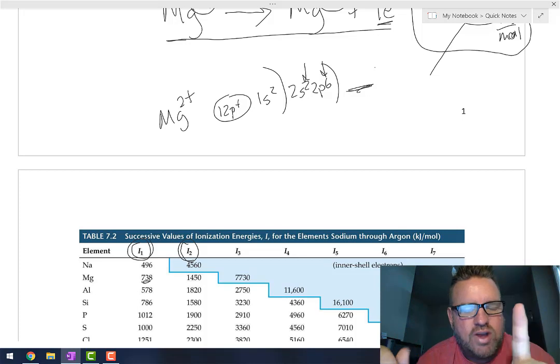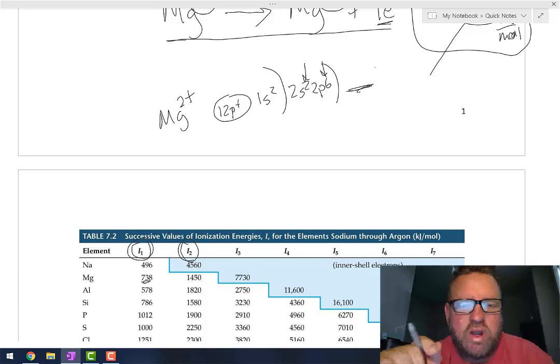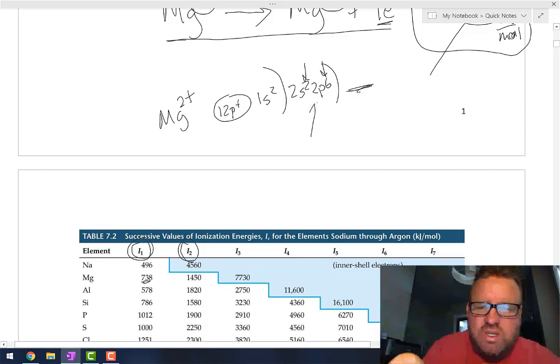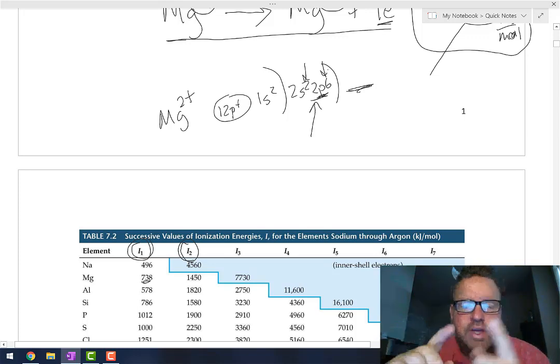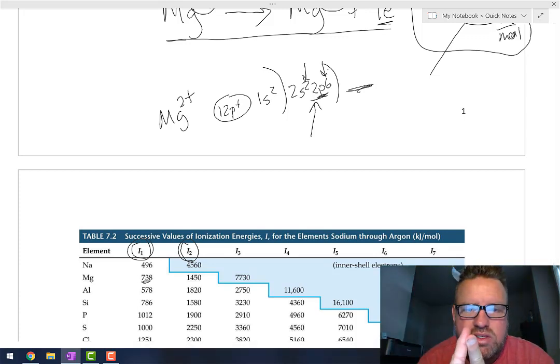So now the question is, what's the next electron we're going to take away? The next electron is of course here in the second shell, in the 2p subshell. And we know that the 2p subshell is way, way closer to the nucleus.